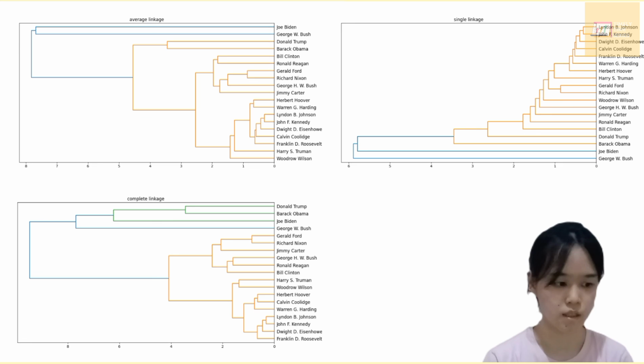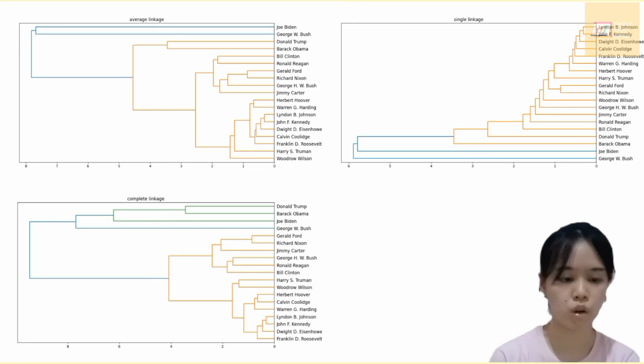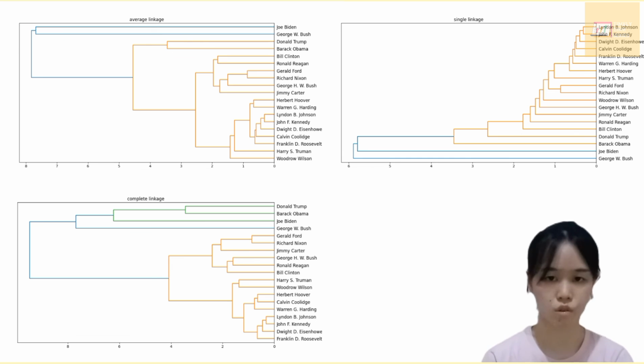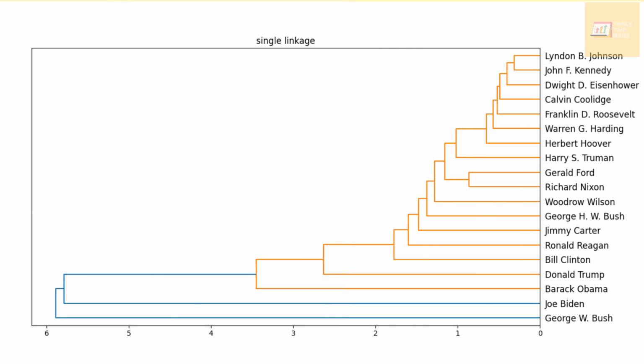Another thing that I noticed is that these different looking dendrograms show us how clusters are formed. So for example, in single linkage, it seems like one cluster is joined with another cluster, and then one cluster is joined again, and then another cluster is added. So just adding cluster one by one.